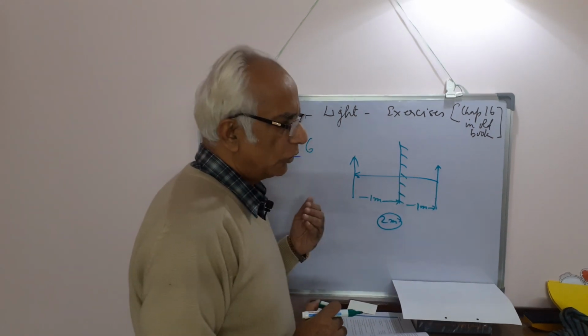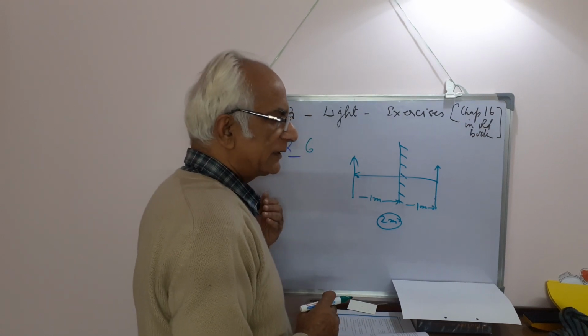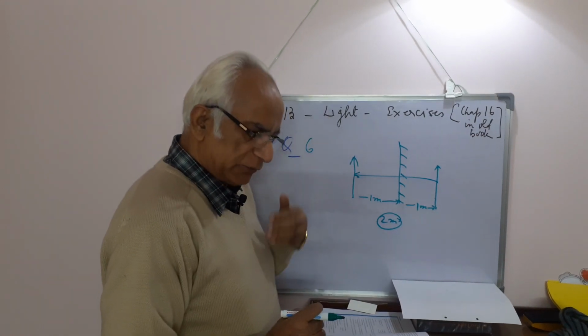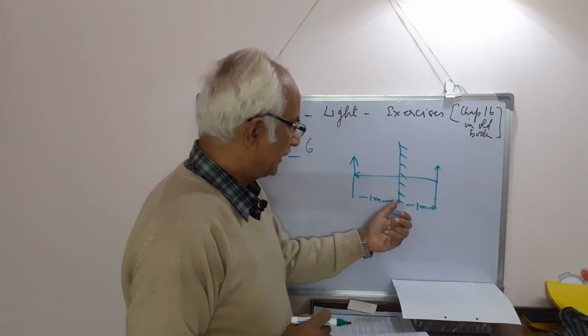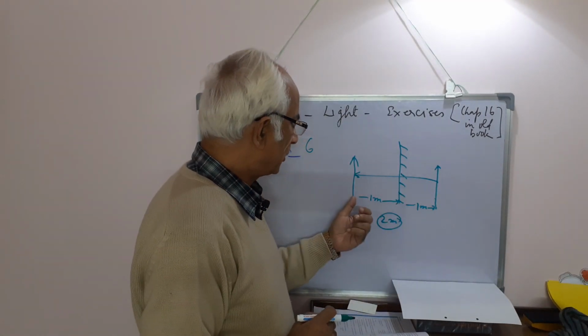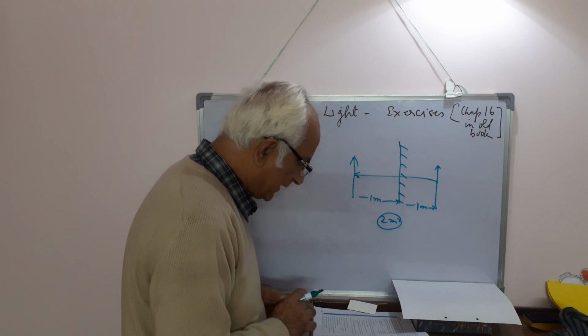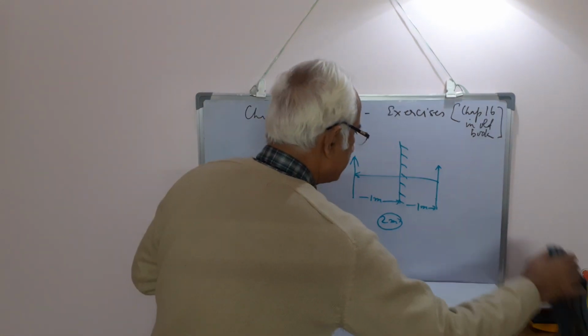He will see his image at a distance of 2 meters from his position. मिरर से 1 मीटर दूर है और यहां से 2 मीटर दूर है. So the answer will be 2 meters.